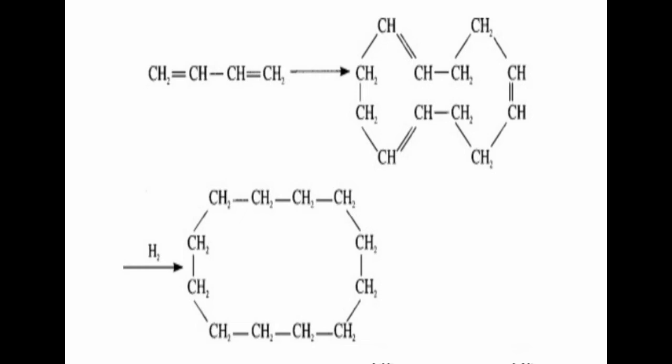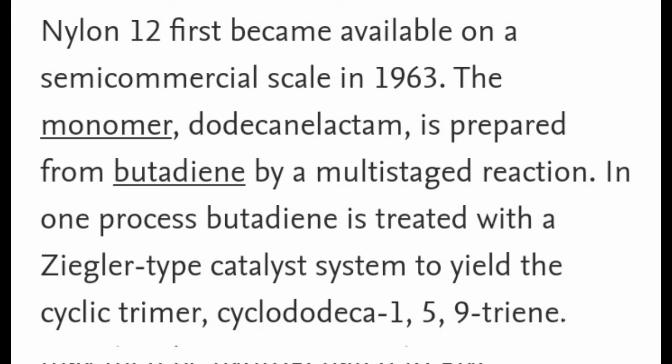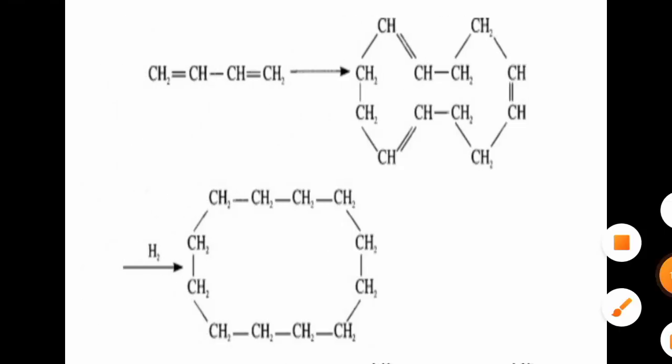You can see in this structure the double bond is present on first, on fifth, and after 9 carbon atoms. Therefore, this is actually cyclododeca 1,5,9 triene. This is obtained when 3 molecules of butadiene are treated with Ziegler type catalyst to form the cyclic trimer cyclododeca 1,5,9 triene. You can see how it is formed.